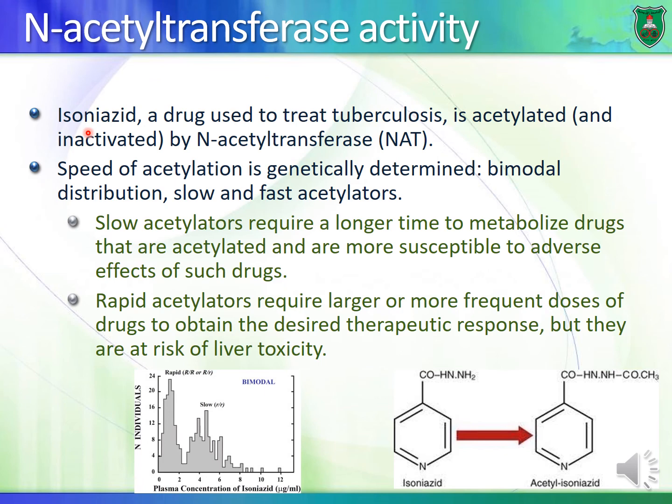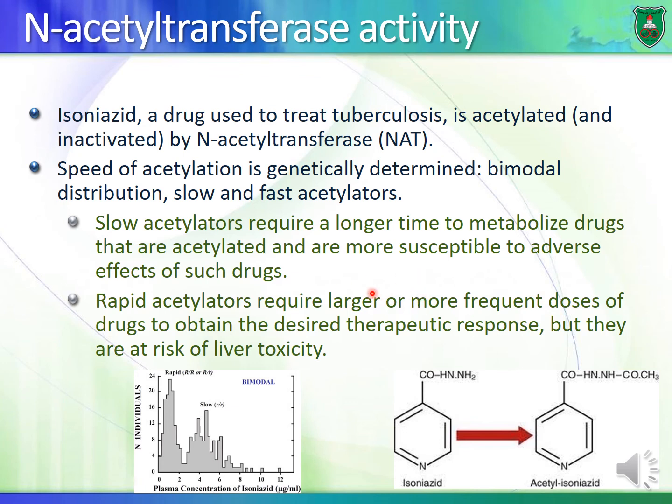Now, apparently, there are two types of individuals. You have rapid acetylators and you have slow acetylators. And acetylation inactivates the drug. So with slow acetylators, the drug stays for a longer time in the patient's body, resulting in the appearance of adverse effects.